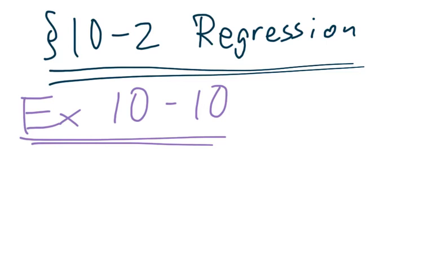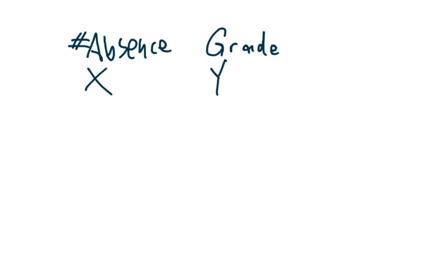So in this example, in the scenario in 10-2, they were trying to examine whether there was a correlation between the number of absences that a student had in a given semester and their final grade in a particular class in that semester.